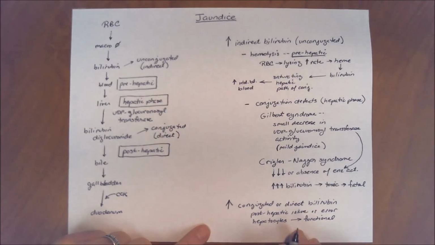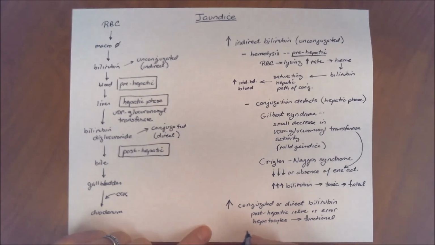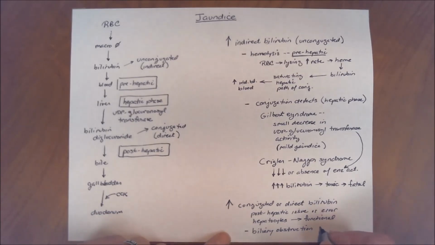The problem here, the most common problem, is a biliary obstruction. Biliary obstruction could be a gallstone that is lodged in the common bile duct, or it could be gallbladder infection or biliary fibrosis.